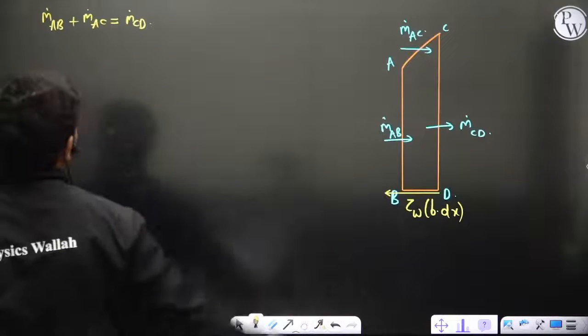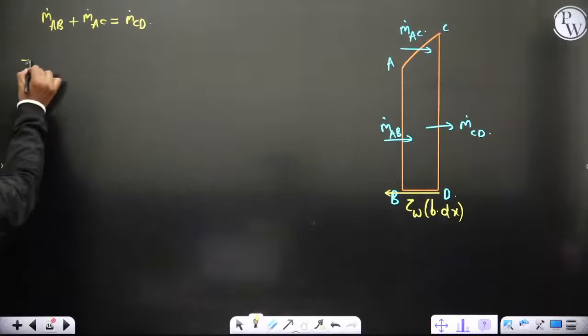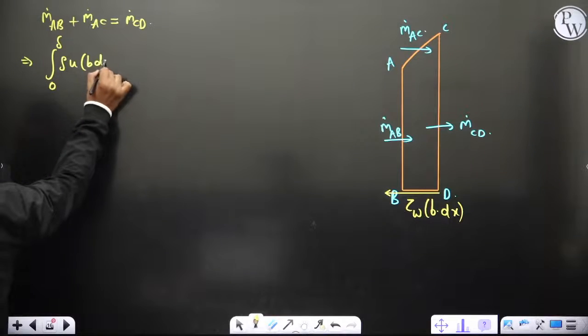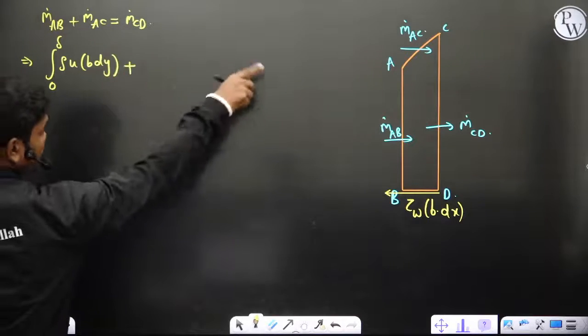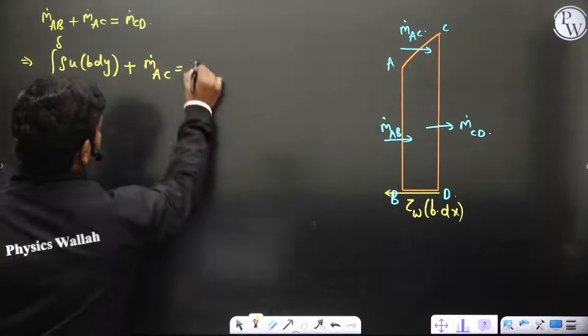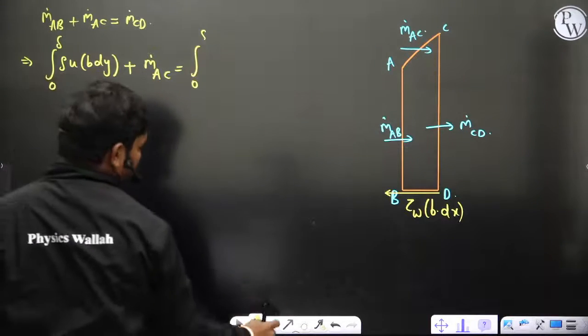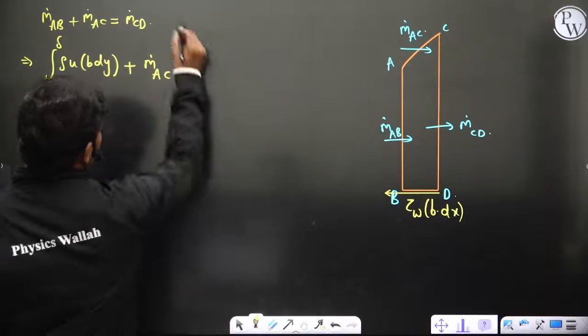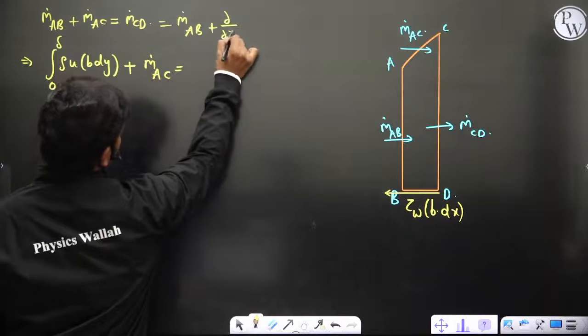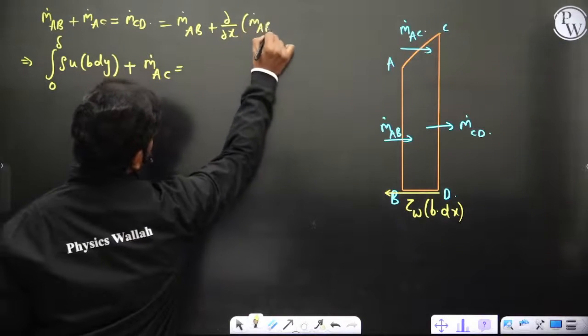So m dot AB can be written as integral 0 to delta rho u b dy, plus m dot AC, which we don't know yet, equals m dot CD. m dot CD can be written as m dot AB plus dou by dou x of m dot AB times dx.